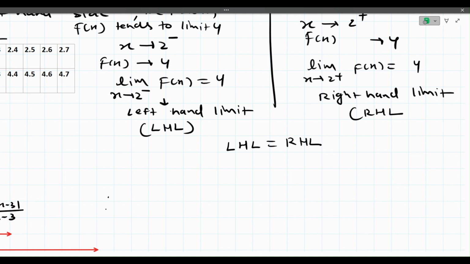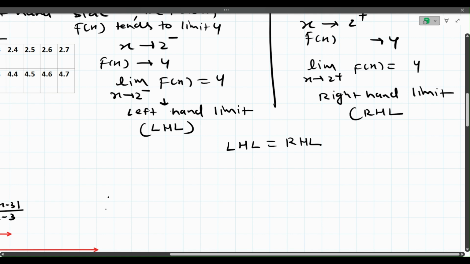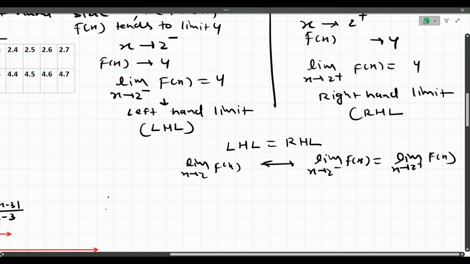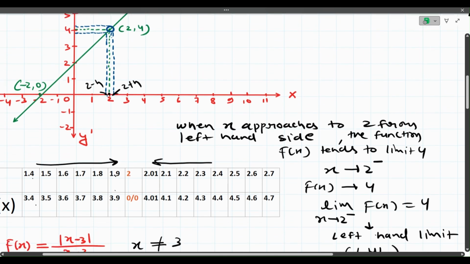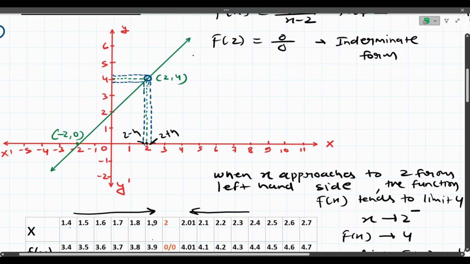The limit of a function at a value exists if and only if the limit as x tends to 2 from the left side is equal to the limit as x tends to 2 from the right side. Because here the LHL and RHL are equal, the limit of the function at 2 exists and is equal to 4. From the graph also we can understand what is the neighborhood of 2.